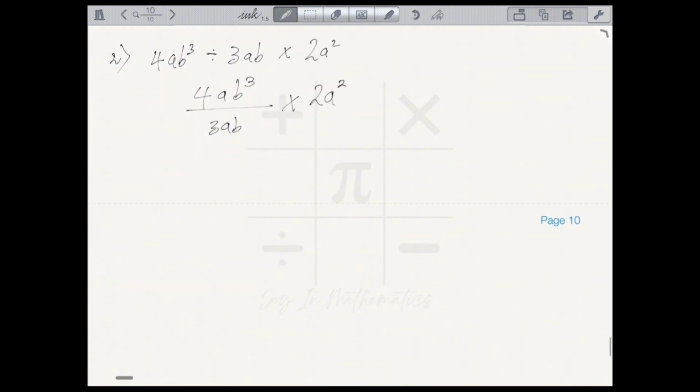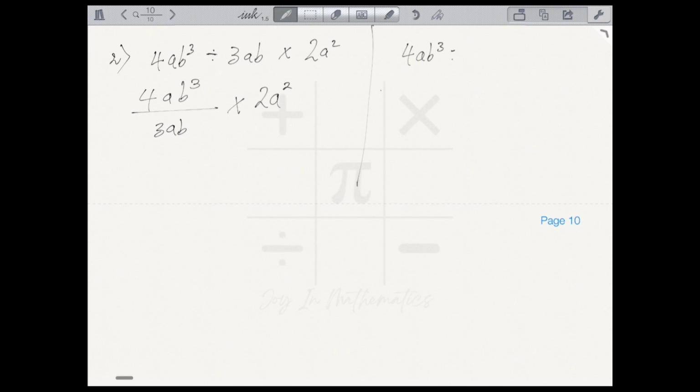Now let us see two sides to this question. We can have this, and likewise let's assume we have 4ab raised to power 3 divided by 3ab multiplied by 2a squared.